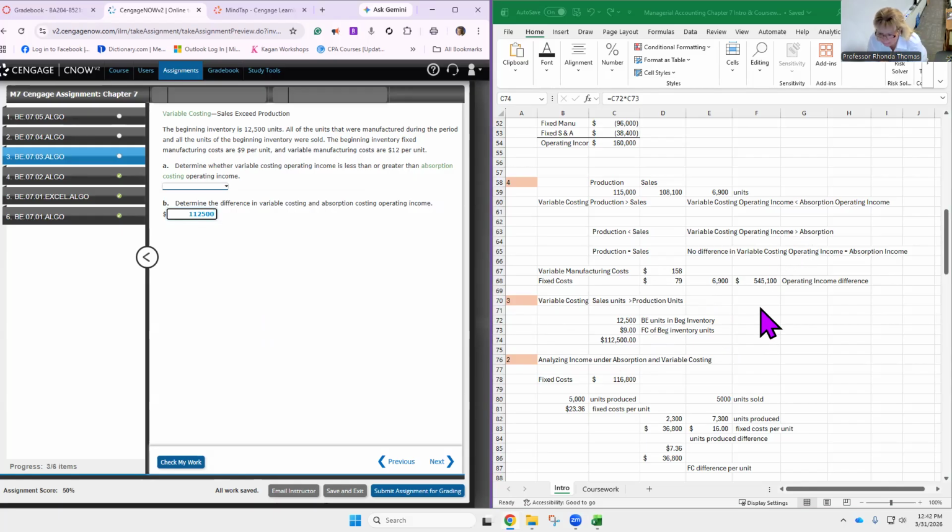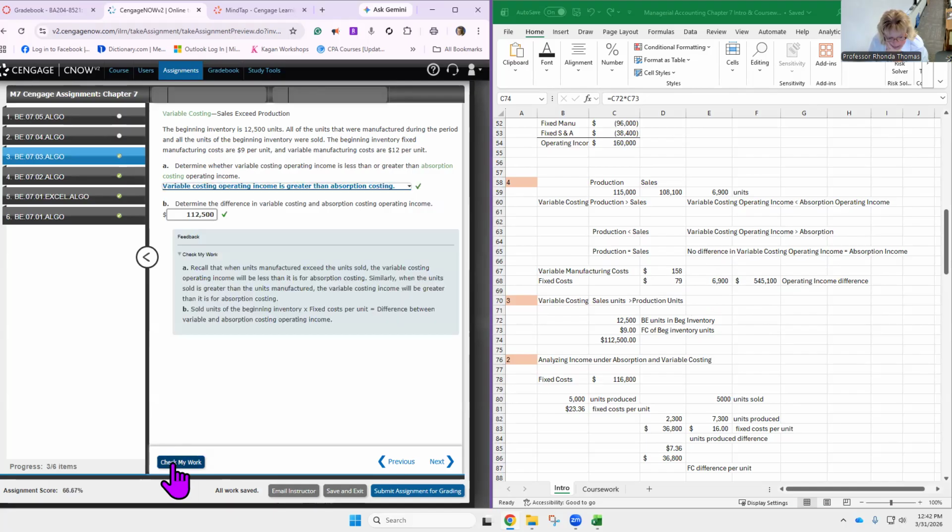Okay, so I'm going to make sure I'm putting this in here right. If production is larger than sales, then variable costing operating income is lower than absorption. If production is smaller than sales, then variable costing operating income will be bigger. Variable costing operating income is greater.